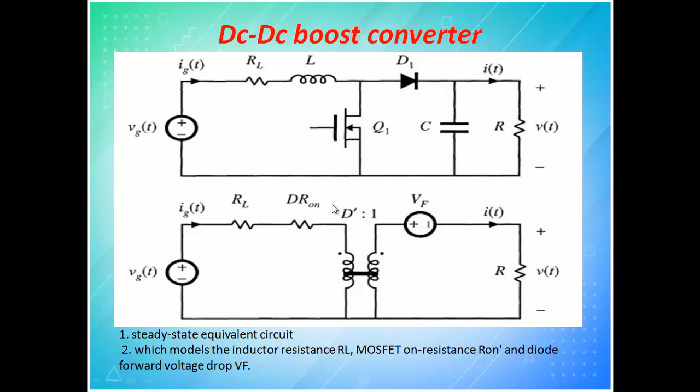Now we are going to draw the equivalent circuit. When you draw the equivalent circuit, this L will have some amount of resistance, that is called RL. So we have taken it here, and this is what we call the switch. The switch will have its own on state resistance.